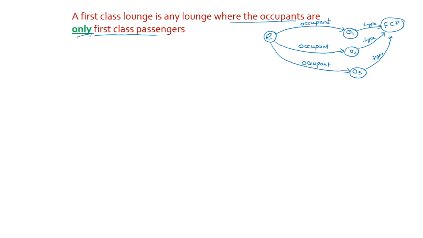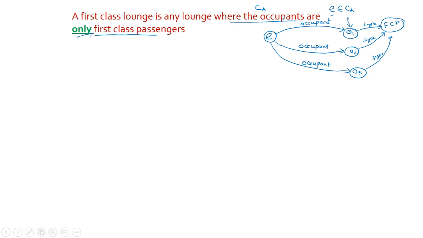So in this case, we are defining one anonymous class, say CA, and E would belong to this class, which represents where the occupants are only first class passengers. So if all the values in the range position of this property for a given subject are restricted to the class FCP, then this element would become a member of this anonymous class.